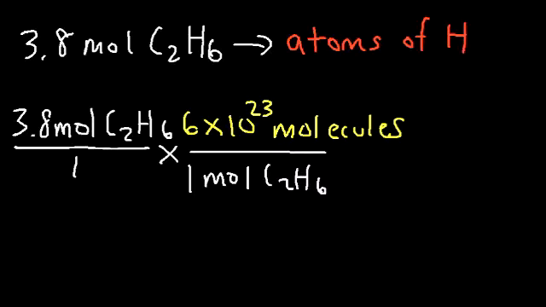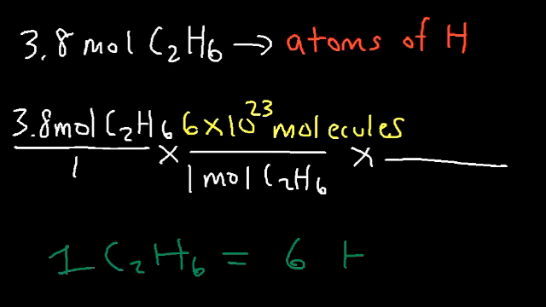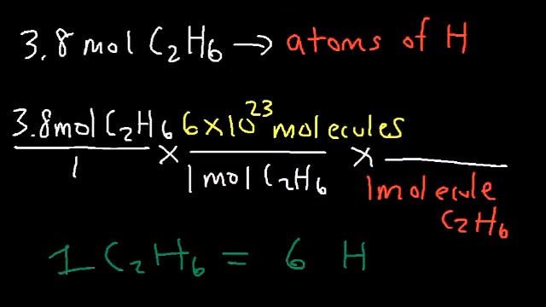Now we need another conversion factor. At this point, we need to convert molecules into atoms of hydrogen. And notice that 1 molecule of C2H6 contains 6 atoms of hydrogen. And so that's what we can use for our next conversion factor. So 1 molecule of C2H6 equals 6 atoms of hydrogen.